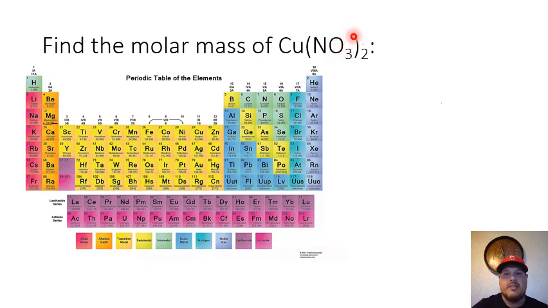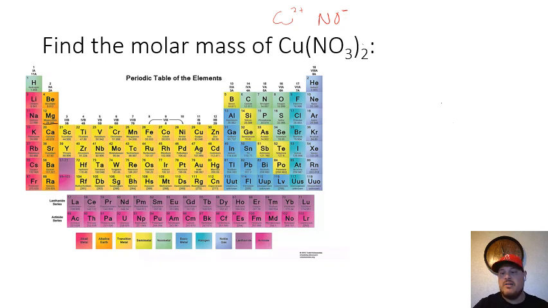If we were to write its oxidation number, the charge for nitrate would actually be NO3 negative. Copper, on the other hand, would be copper 2+. So in this situation, copper is going to be our cation, and nitrate is going to be our anion. And they're bonded together through an ionic bond, okay?